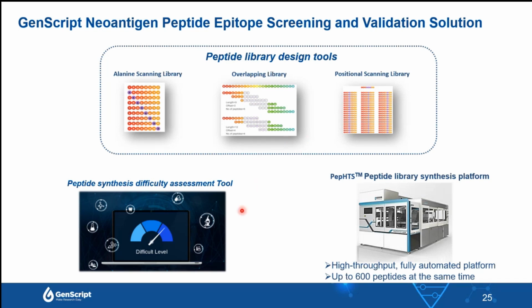And also there's another tool to assess the difficulty of the peptide synthesis. Regarding the peptide library synthesis, we have this automatic platform. It's high throughput, and we can produce up to 600 peptides at the same time.